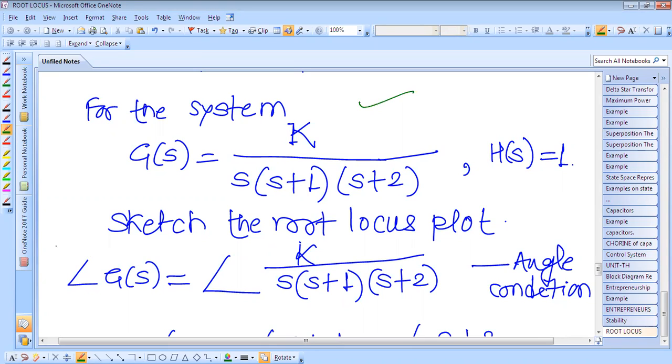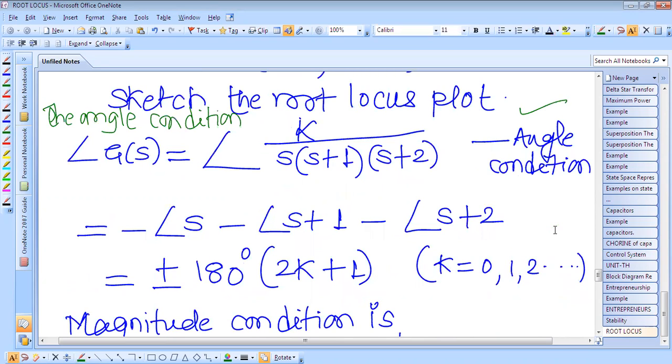So we have to check the angle condition. The angle of G(s) is the angle of K / (s(s+1)(s+2)).